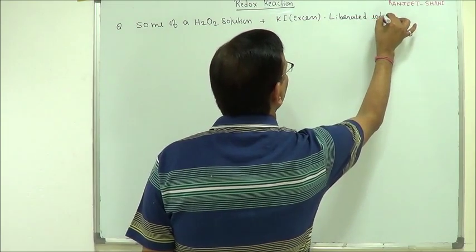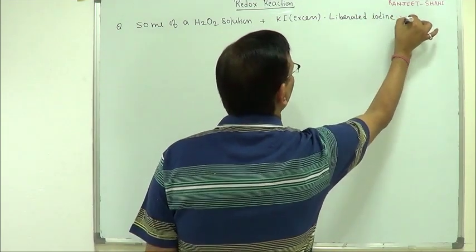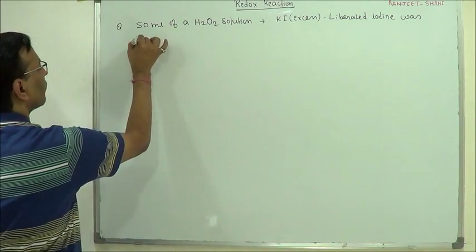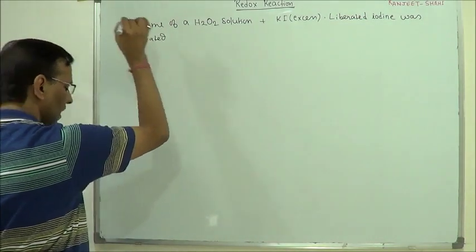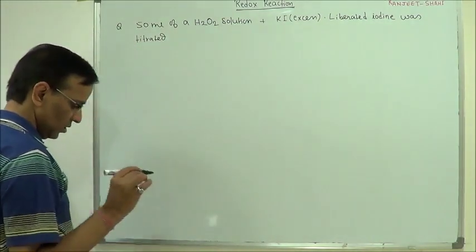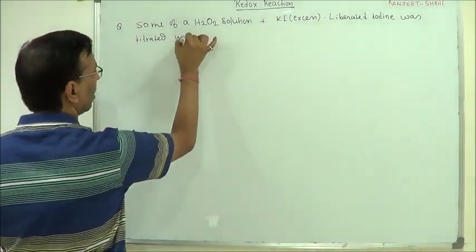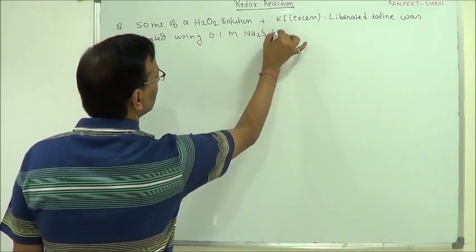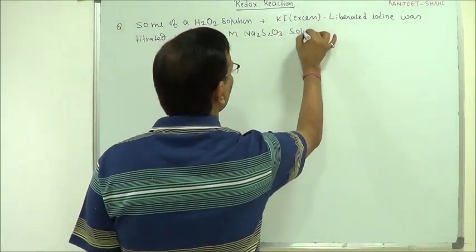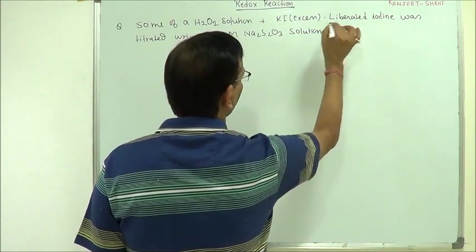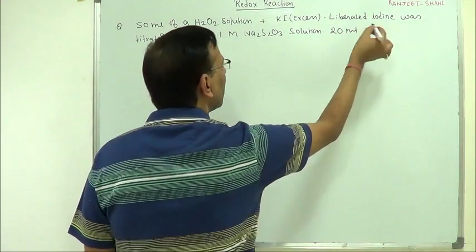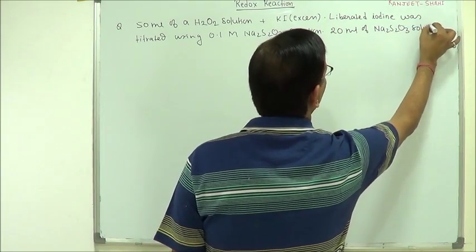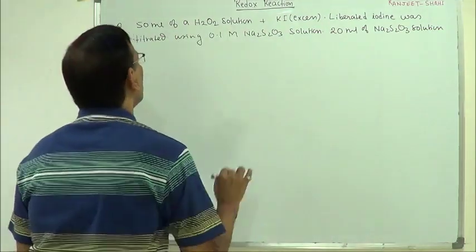Liberated iodine was titrated using a 0.1 molar sodium thiosulfate solution. 20 ml of Na2S2O3 solution was required.